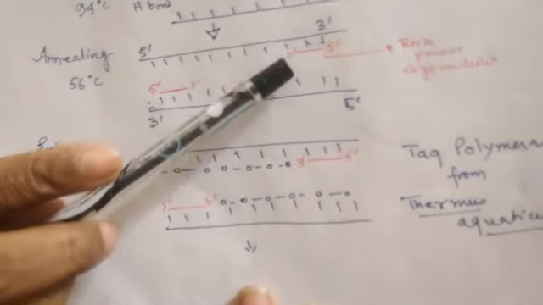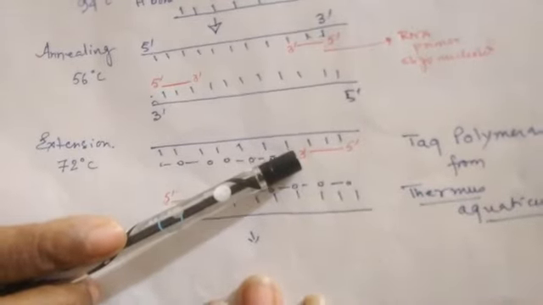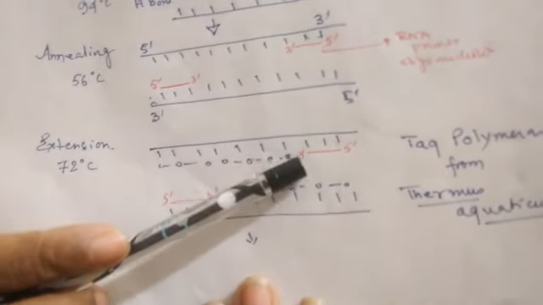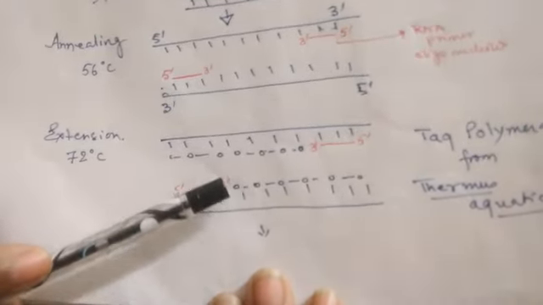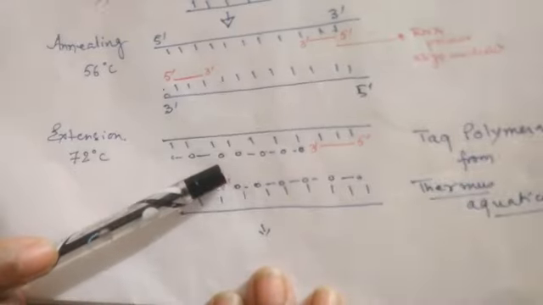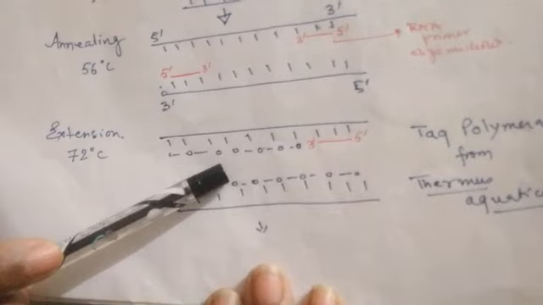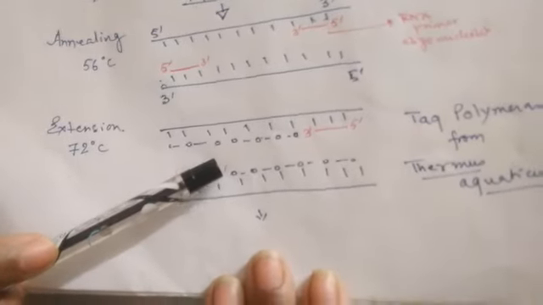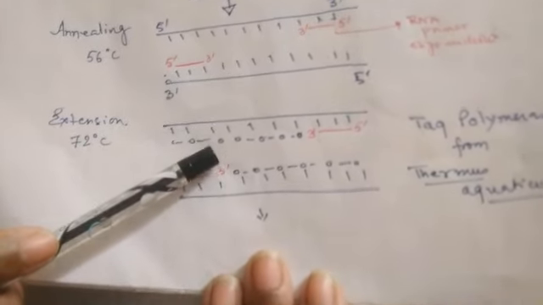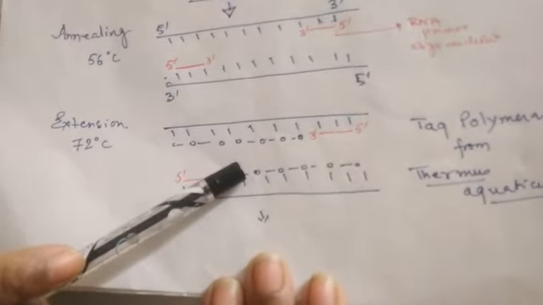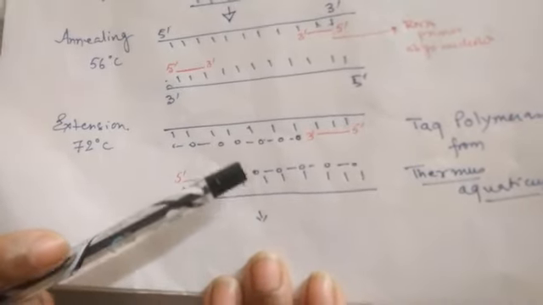So these 3' ends are free in both cases, where new nucleotides can be added. This is done by DNA polymerase, and till that part everything is simple.